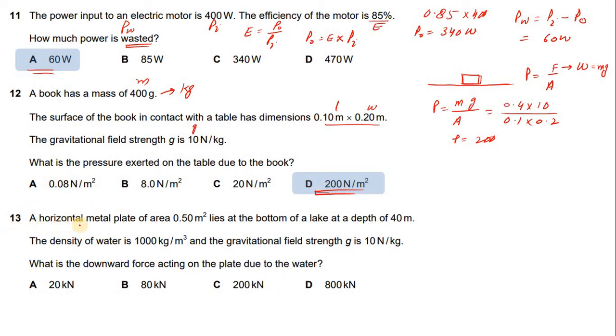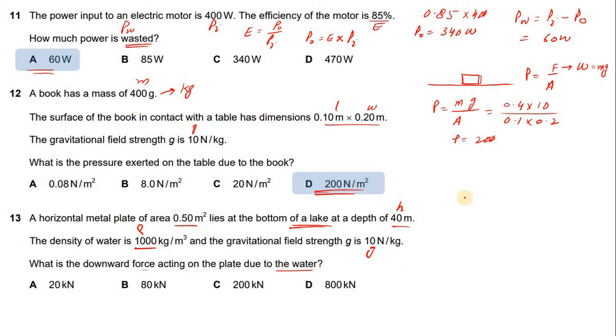Question number 13. A horizontal metal plate of area 0.5 meter square lies at the bottom of a lake at a depth of 40 meter. This is depth, or generally we say height or depth from the surface. The density of the water is rho, and the gravitational field strength G is 10. What is the downward force acting on the plate due to water?